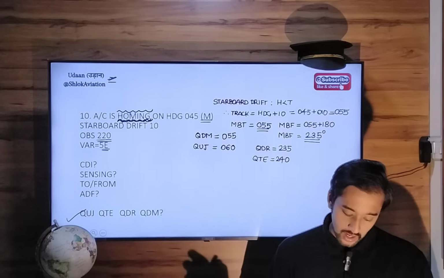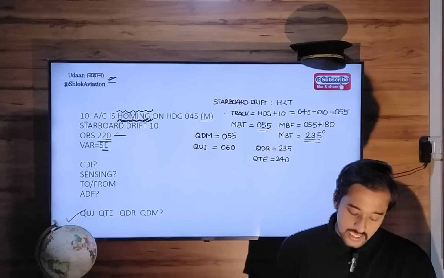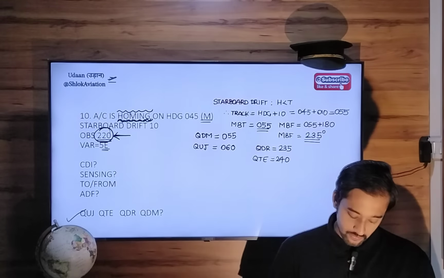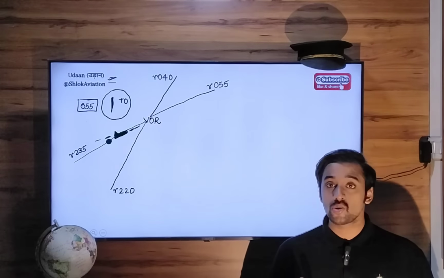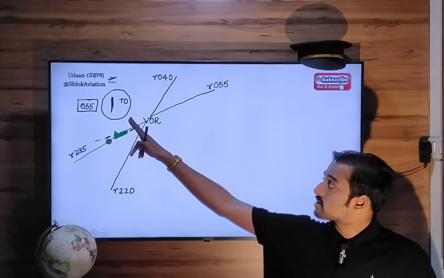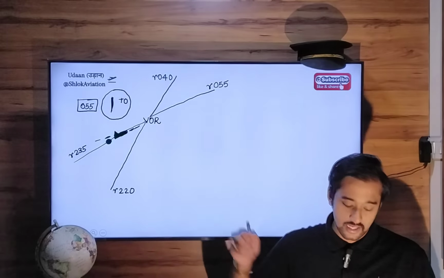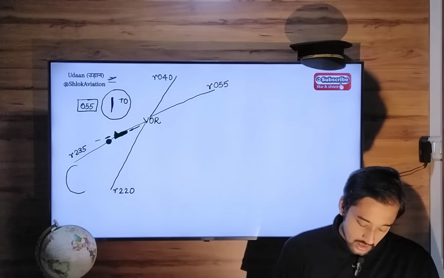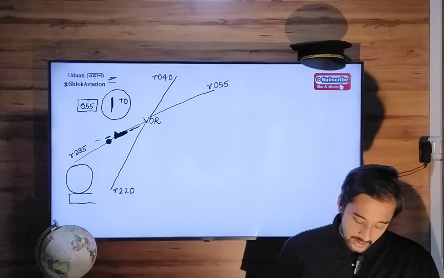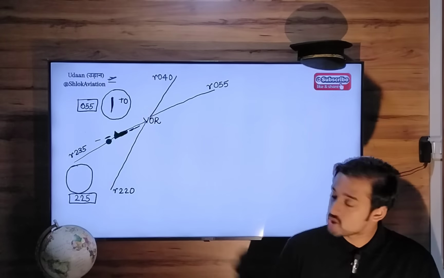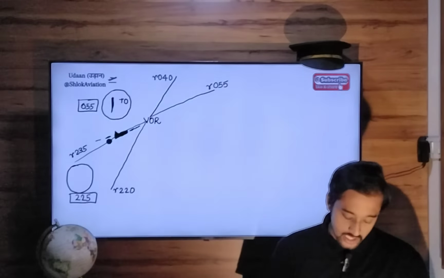Now let's go to the next part. But in the OBS setting, you have put 220. Now if you put 055, you will get a TO indication.